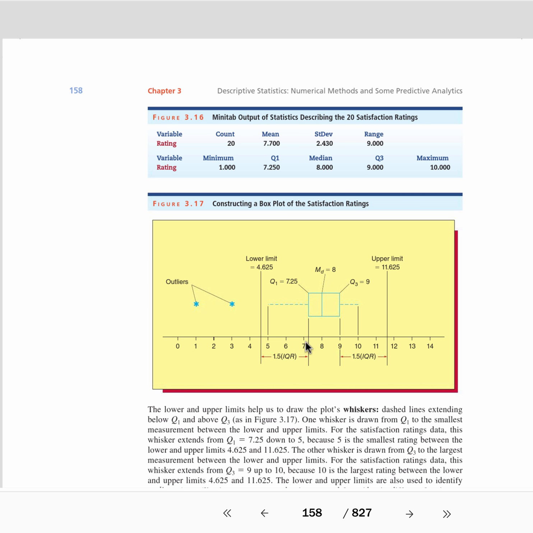And the same, you multiply by 1.5 and subtract it from Q1 to get the lower limit. In this way, as you can see in this data, 1 and 3 are considered outliers in our data.